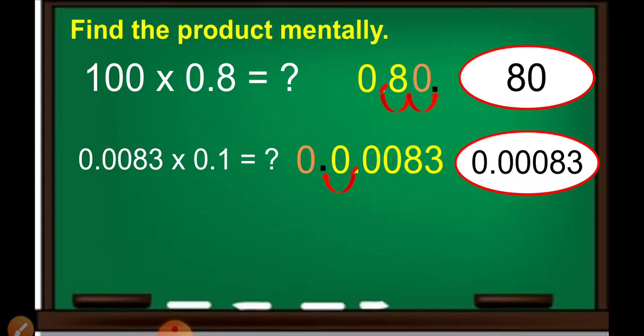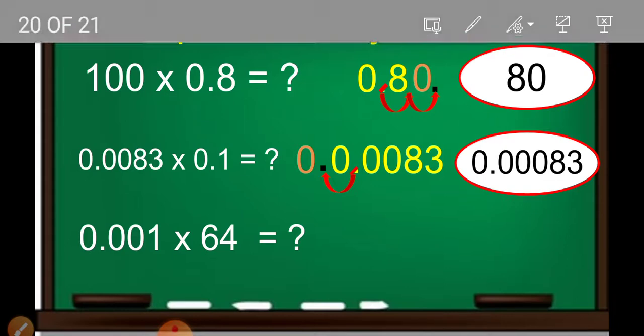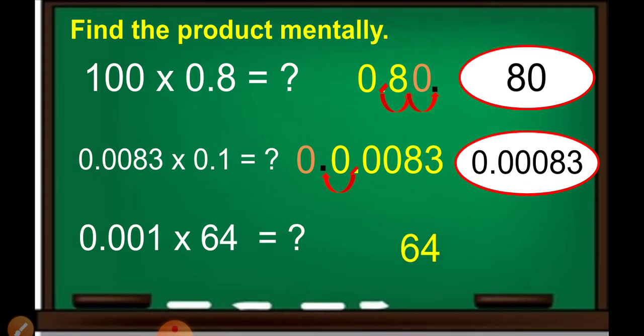Okay, next, the last. What is the answer here? 0.001 times 64, and the answer is 0.064. Okay, very good. So how? Let us write first the given, not the power of 10, 64. Then there are 3 decimal places in 0.001. So we will move the decimal point 3 places to the left. The decimal point of 64 is at the right of 4 because 64 is a whole number.